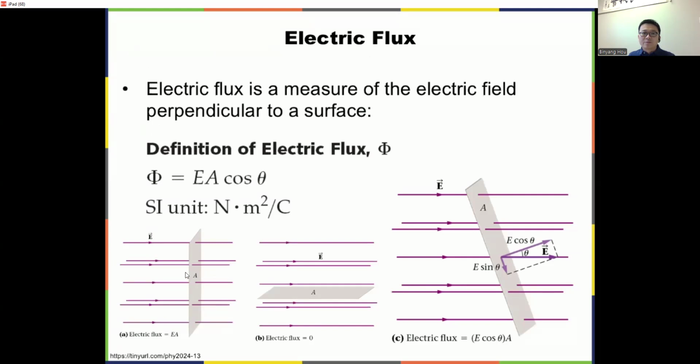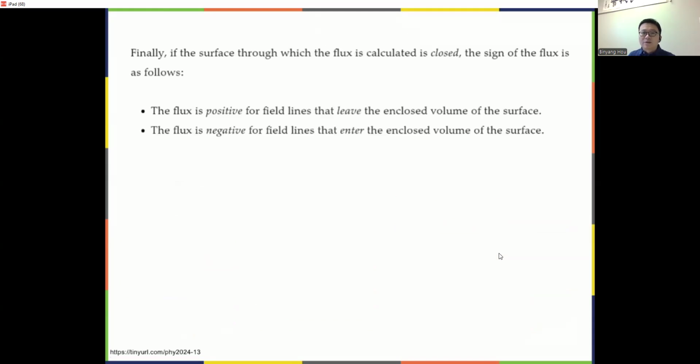But if we use the normal direction of the other side, the angle will be 180. Cosine of 0 and cosine of 180 are not the same, so one will give you positive and the other will give you negative. So we need to define which one is positive and which one is negative.